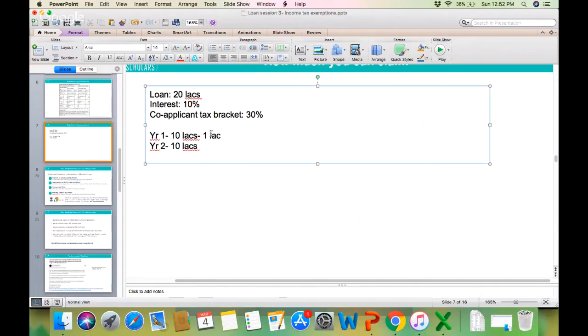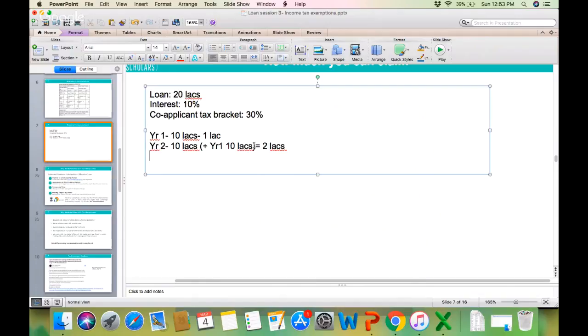Your second year's interest is on the new 10 you took plus the previous year's 10 lakhs. So in the second year, your total interest at 10% will be this much.